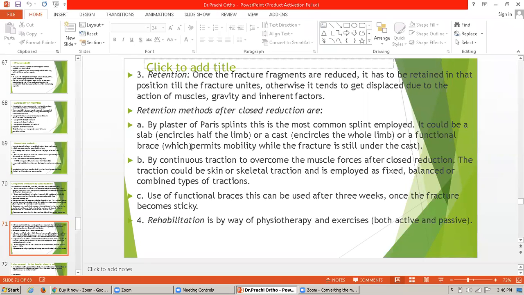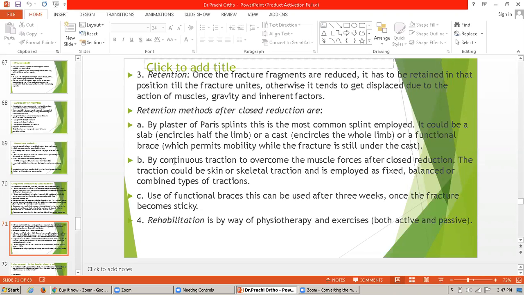The retention method after a closed reduction, that is the plaster of Paris splint, is most commonly used. It could be a slab, also called a posterior slab, that encircles half of the limb when there is a fracture of the limb, or a cast which encircles the whole limb, or a functional brace which permits mobility while the fracture is still under the cast.